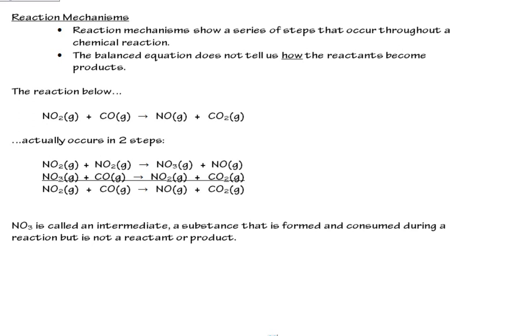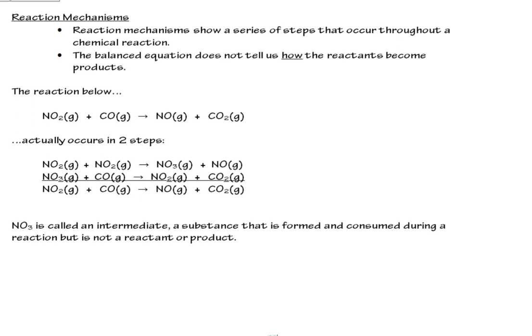For example, we might have this balanced equation. Nitrogen dioxide reacts with carbon monoxide to produce nitrogen monoxide and carbon dioxide gas. Now, this could occur in one step, or another proposal, another mechanism, is that maybe this reaction occurs in two steps.